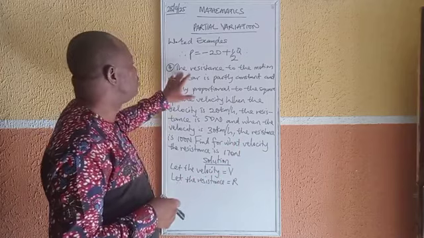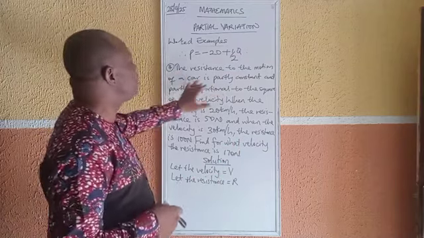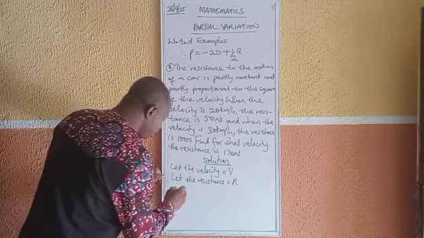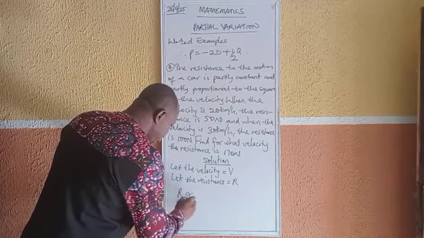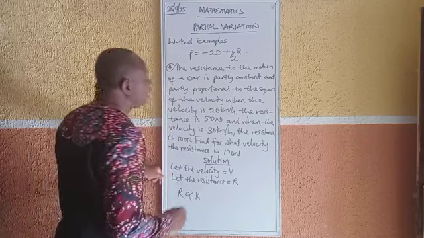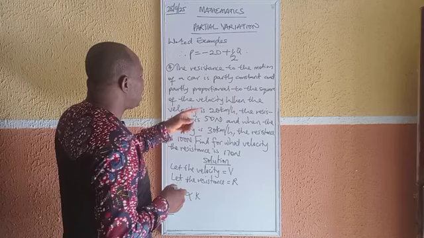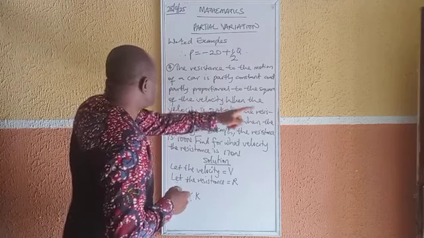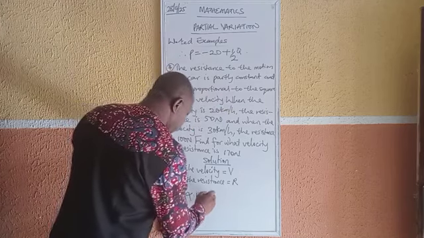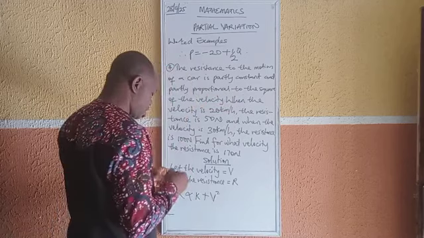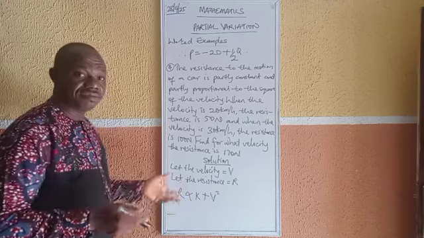Now let's go again. The resistance to the motion of a car is partly constant. The resistance is partly what? Constant, and partly proportional to the square of the velocity. That is it.